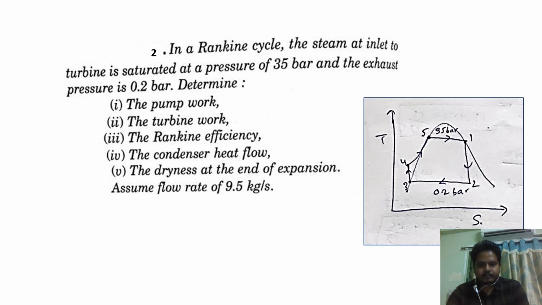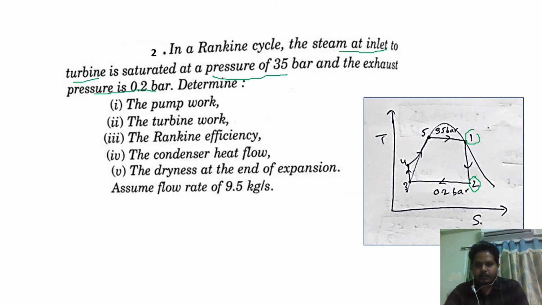Here they have given that the steam at inlet to the turbine, the pressure is 35 bar, and at exit of the turbine is 0.2 bar. If you look at the TS diagram, the process 1 to 2 is an isentropic expansion process through the turbine.